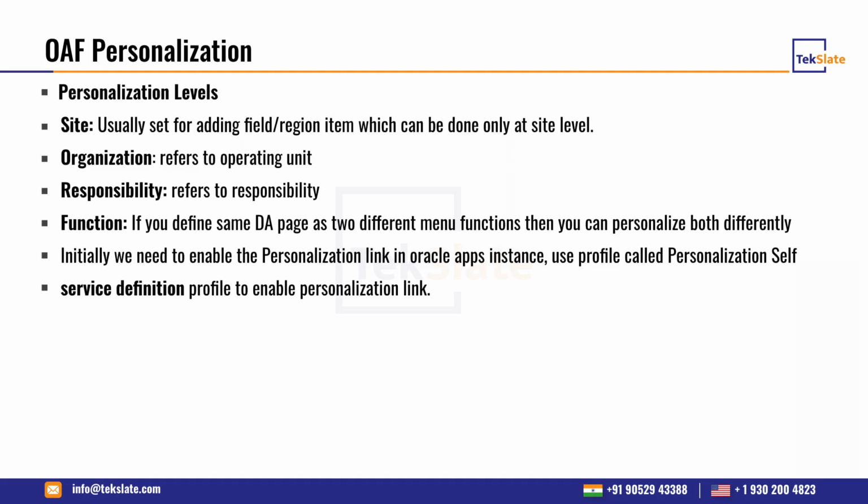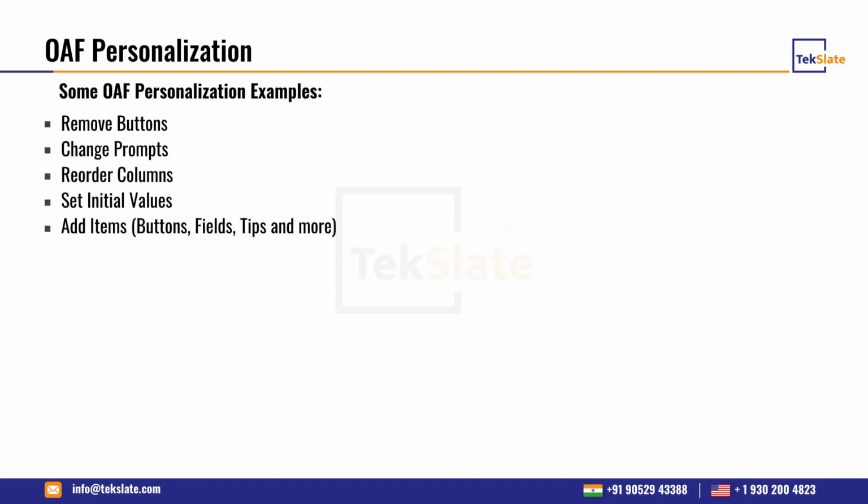And I already said the requirements for personalizations will come in this way. We can remove a button on the page. We can change the prompt, the field name, and we can reorder the column names. Like I showed in the sample page, we have the first name, last name, and age group.